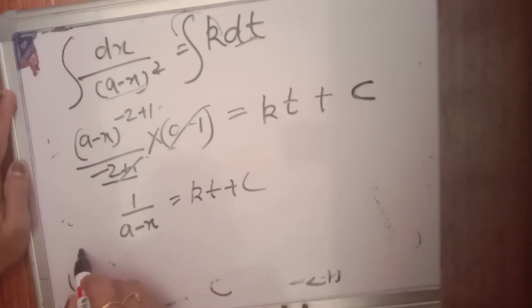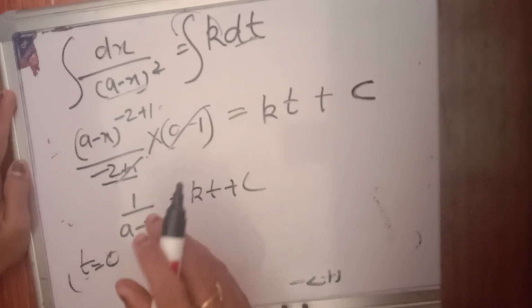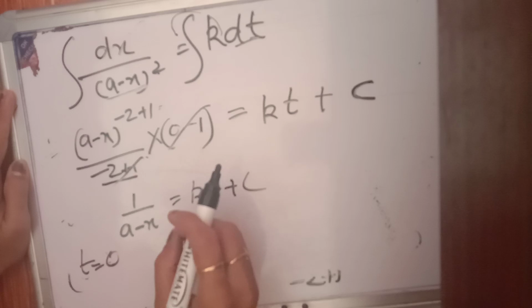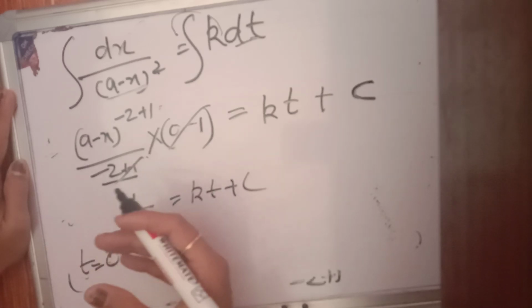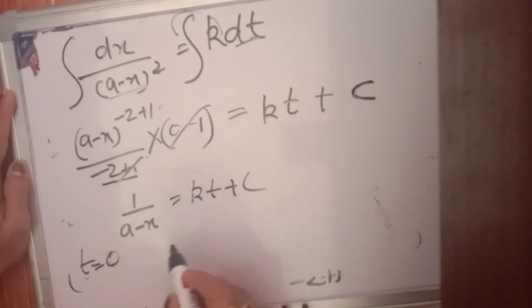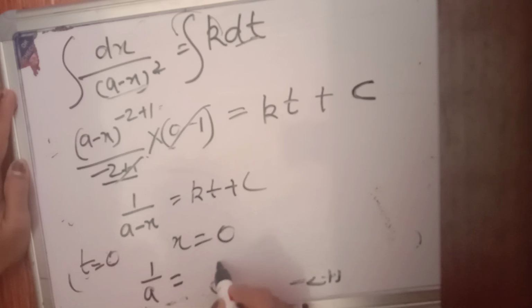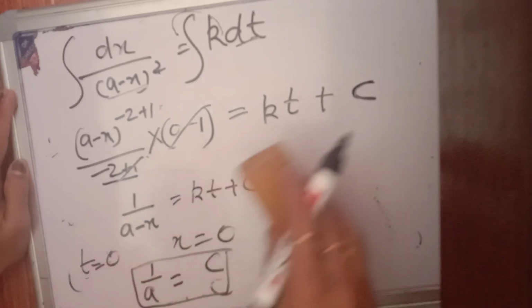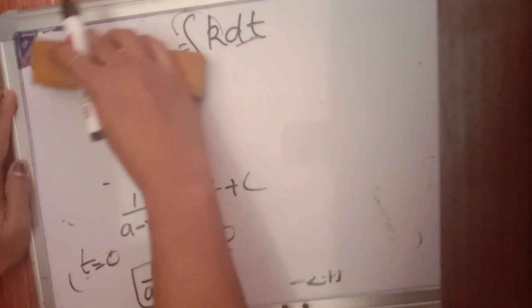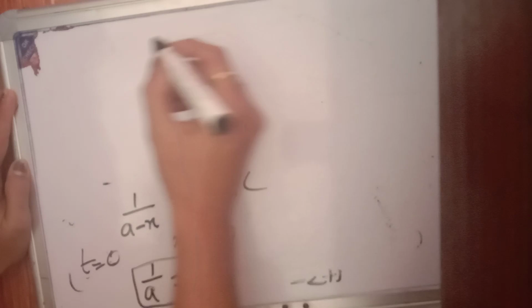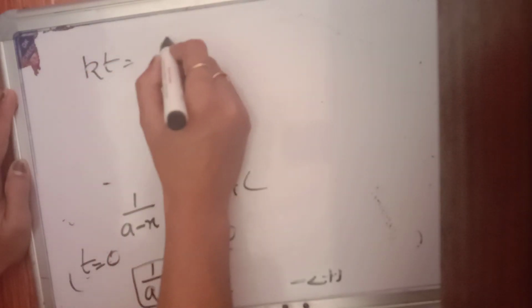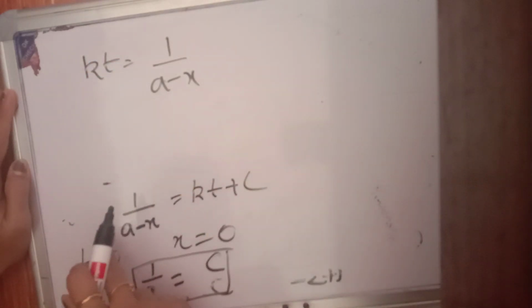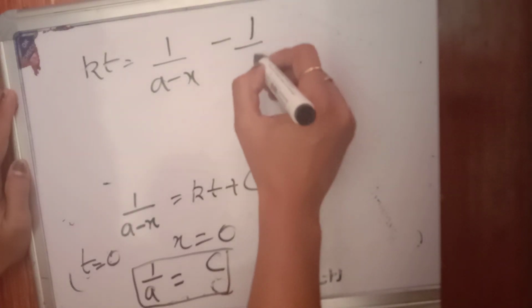Now we know that at time 0, when the reaction just starts, x is 0, because none of the reactant has reacted. So putting these values, 1 upon a is equal to 0 plus C. So my C comes out to be 1 upon a. So the integrated rate equation for a second order reaction: kt is equal to 1 upon (a minus x) minus 1 upon a.